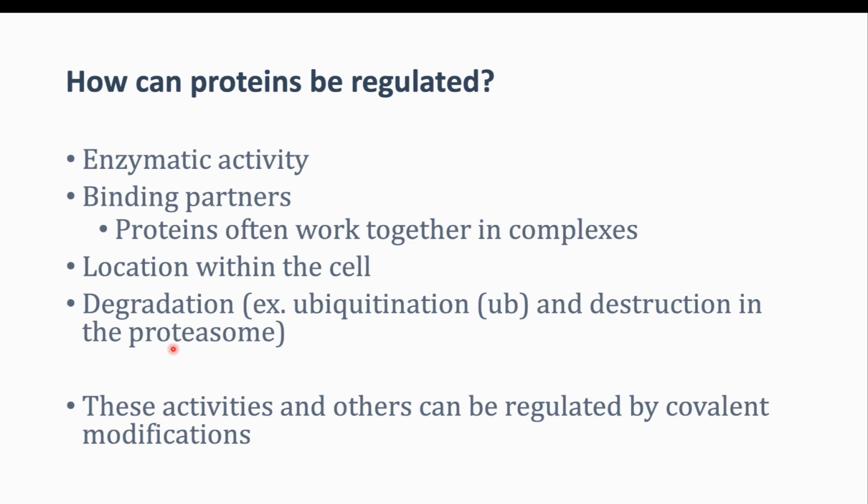I think of a proteasome like a wood chipper. The protein is like a full-length stick that goes in, and then all the little pieces come out. The protein goes into the proteasome, and amino acids or small peptide chains come out. So all of these activities can be regulated by covalent modifications.